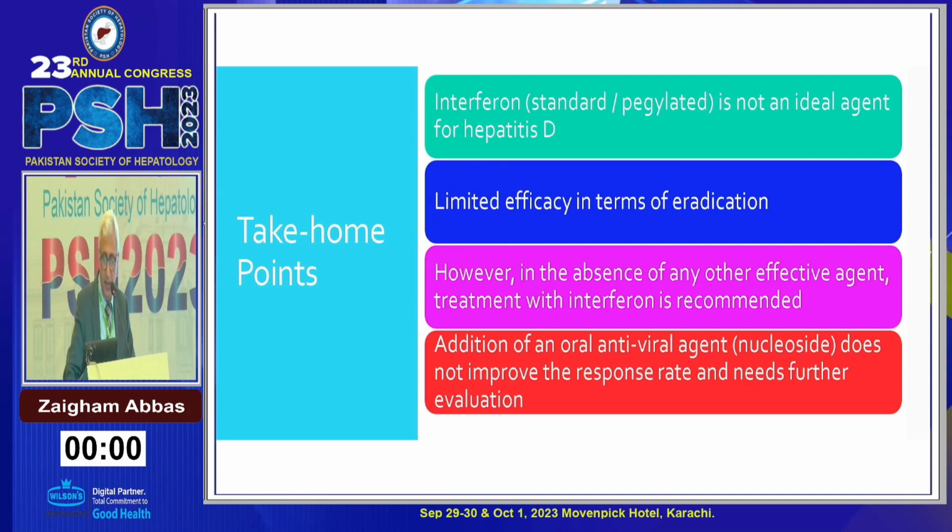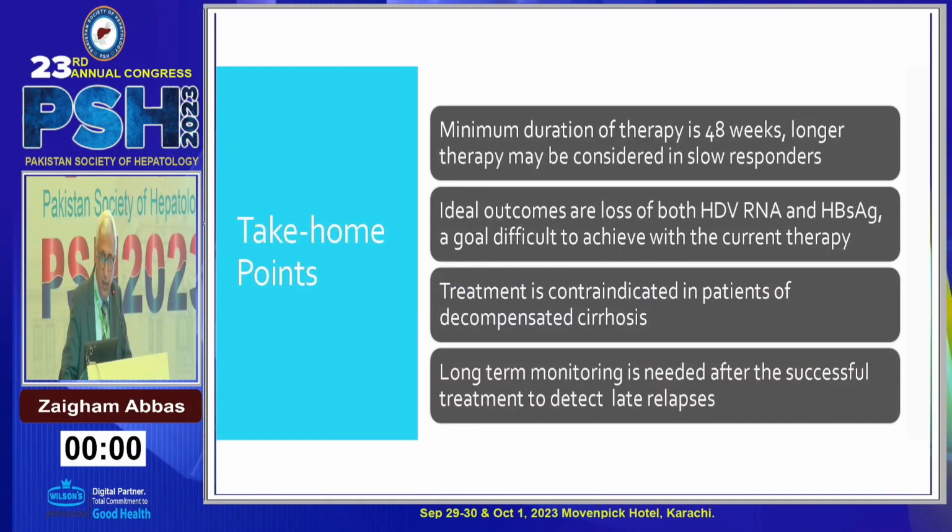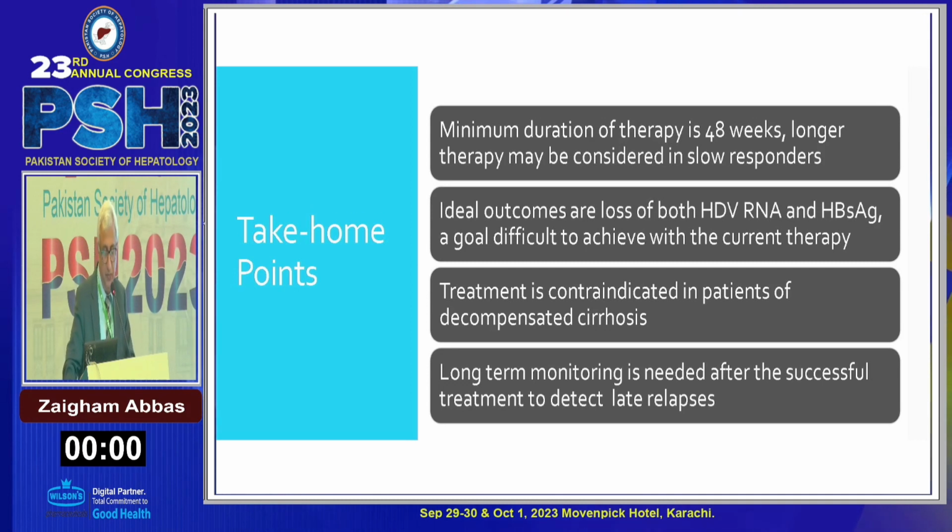Addition of a nucleoside antiviral agent does not improve the response rate, but we do prescribe this with pegylated interferon to prevent the flare of hepatitis B. Minimum duration of therapy is 48 weeks. Longer therapies may be considered in slow responders. The ideal outcome would be the loss of HDV RNA and surface antigen, which is a goal difficult to achieve with current therapy. We do not prescribe pegylated interferon in decompensated patients.